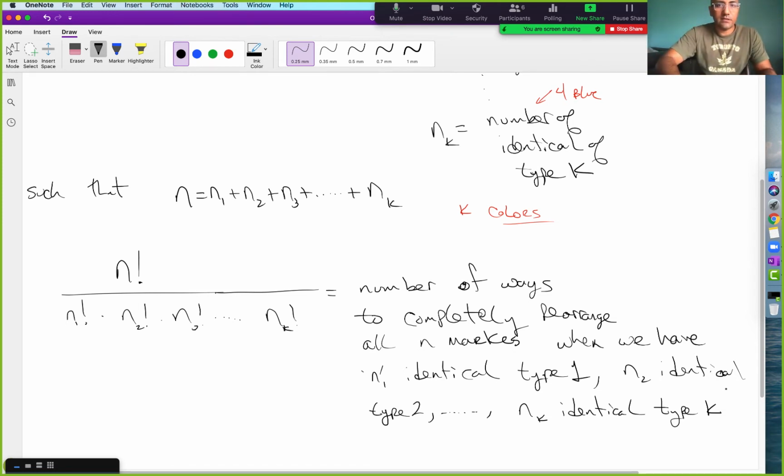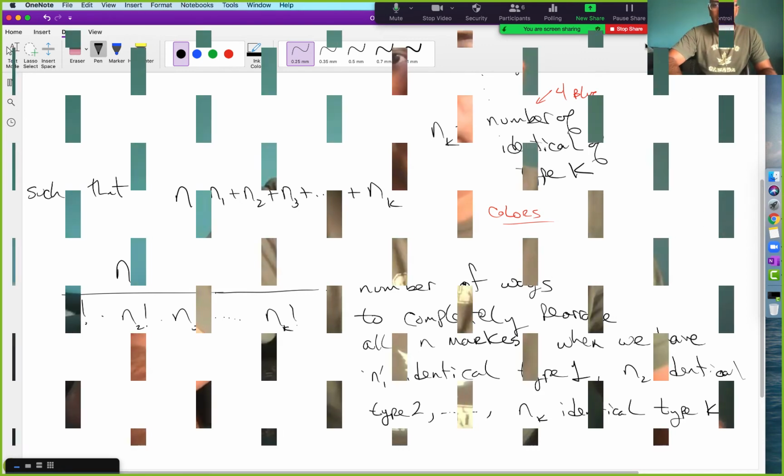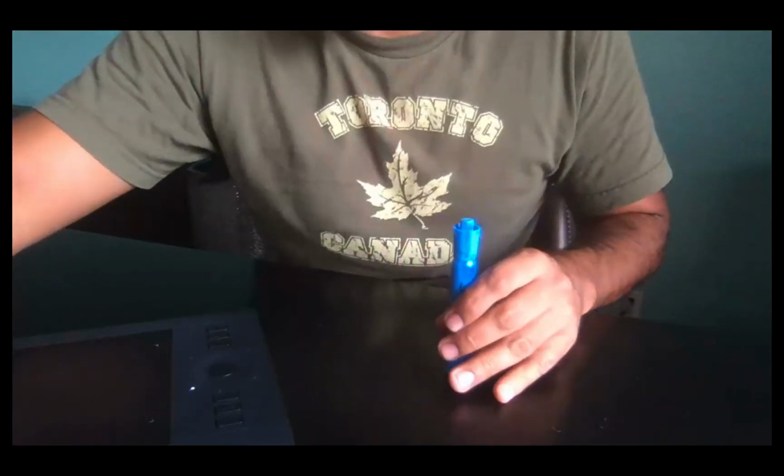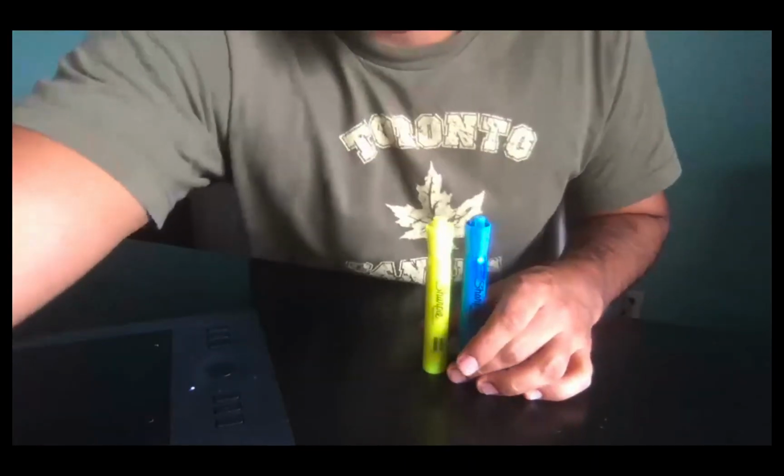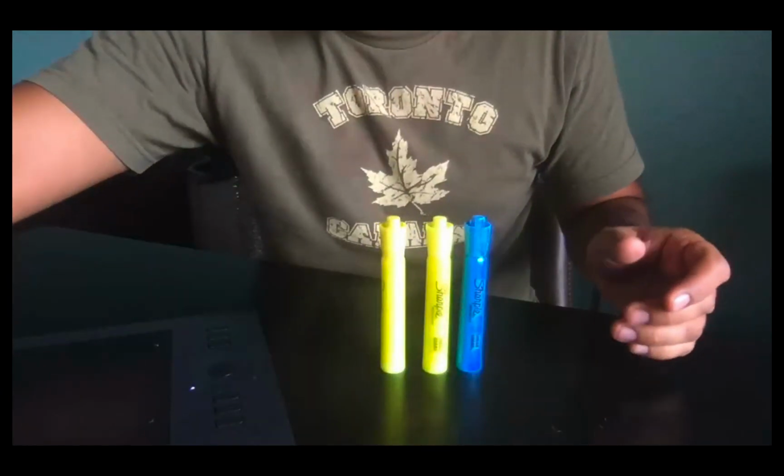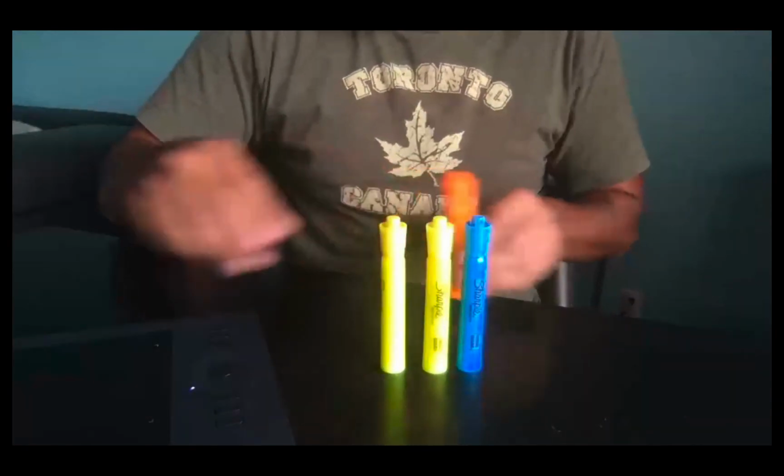Let's do one more case like this one. This one's extra confusing, I think. Formula is ugly. So let's do one more case with this one. So let's say I have a few that are identical. I have a couple yellows, I have a couple oranges, and let's forget the numbers for a little bit.